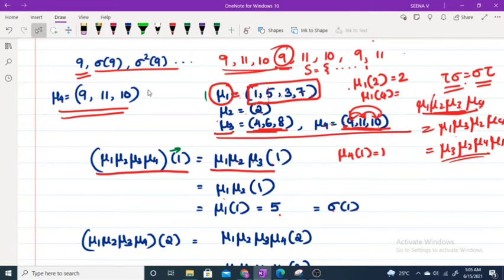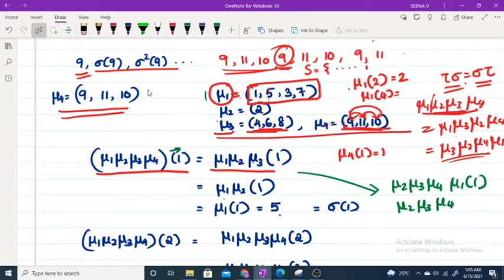So here you can directly write this as mu2, mu3, mu4 into mu1 of 1. Because of the commutativity property, this is equal to mu2, mu3, mu4 of mu1 of 1, which is 5. And clearly 5 is not in these cycles.